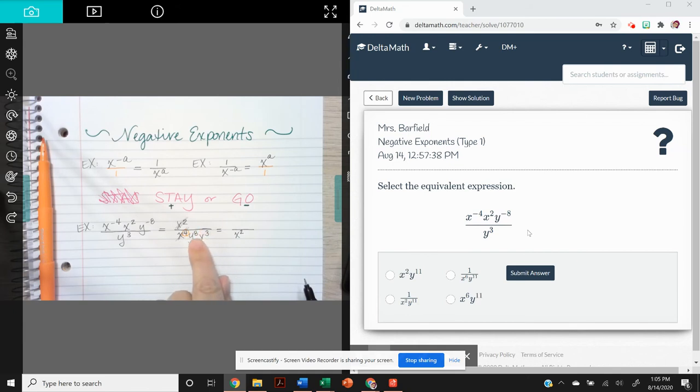If you remember all the way back to the very first exponent rule, when the problem is written like this, I'm going to add my exponents. So 8 plus 3 is 11. So y to the 11th. Now, we cannot leave this numerator blank.